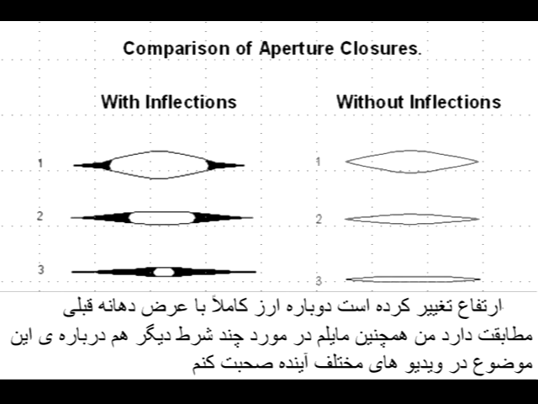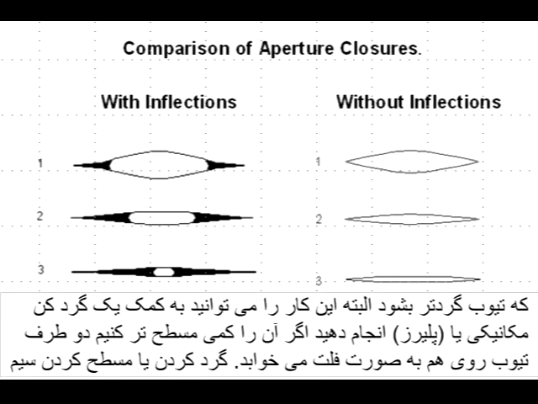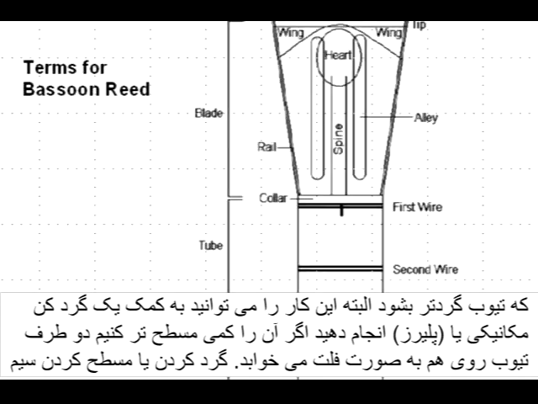I want to also just talk about a couple of other terms that we need to have in this particular video series. When we're talking about wire adjustments, and let me go back to my reed here. If you round out a wire, that will be making the tube rounder.